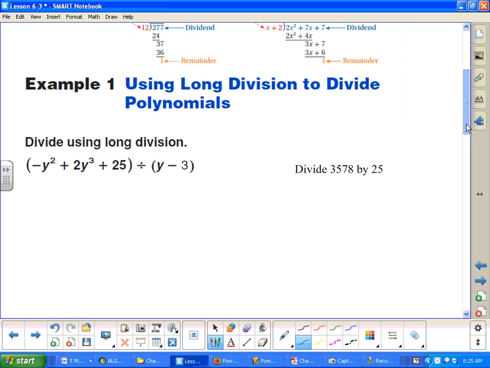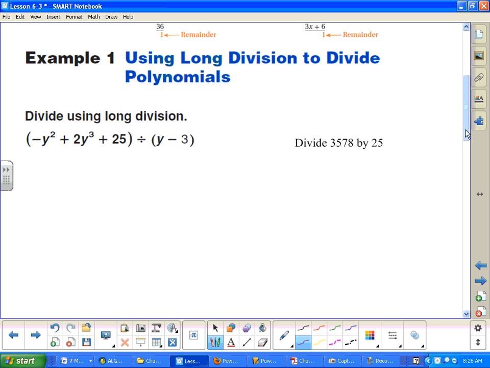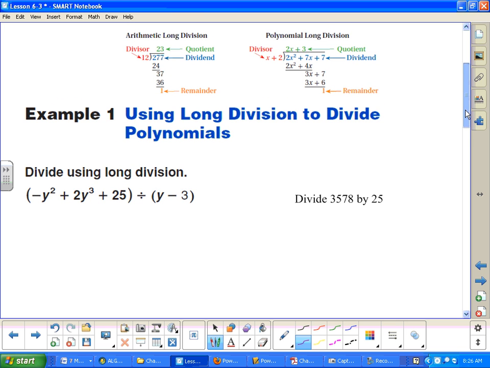All right, so we're going to do long division with polynomials. The first thing we need to do is set it up so that our divisor, y minus 3, is going to be on the outside of the division symbol.